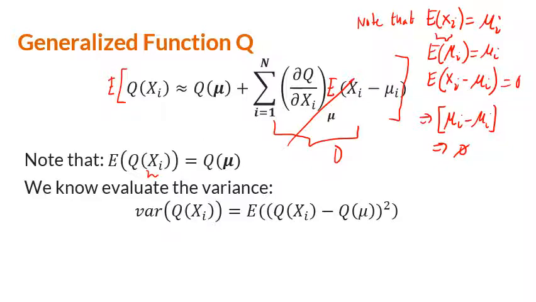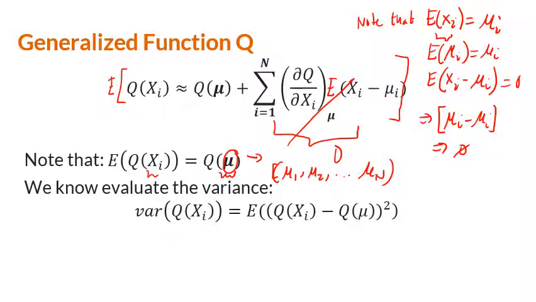So, ibig sabihin, class, yung second term do'n sa first order power expansion natin, magdi-disappear if we take the expectation value of the whole thing. So, the expectation value of your function Q of x sub i is given by Q as a function of your mu. Take note again, this mu is a vector. So, this is given by your vector mu1, mu2, and so on until mu sub n.